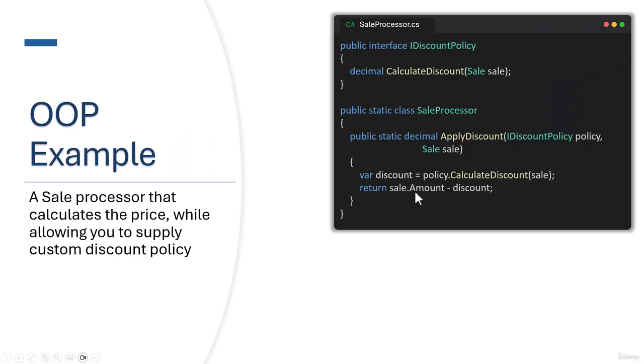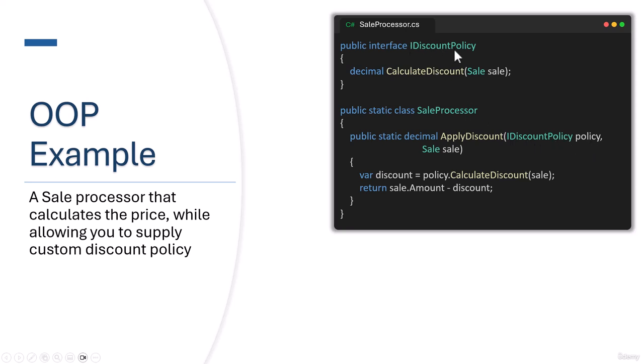So in this example, we need to create something that calculates the value of a sale, and we want to allow different types of discounts. In object-oriented programming, we do this by something called polymorphism. So you see that the sales processor contains a method that calculates the discount. It does that by accepting an iDiscountPolicy object.